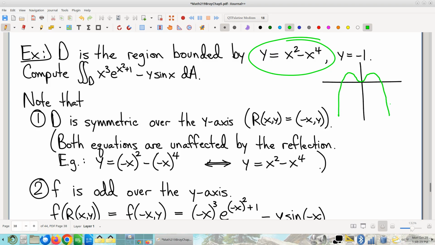Hope everybody remembers how to plot curves, and this is what that one ends up being. And then there's this curve, y equals -1. That's an easy one, something like that. And so you see that our domain in question here, the region that's bounded by those curves, is this region like this.